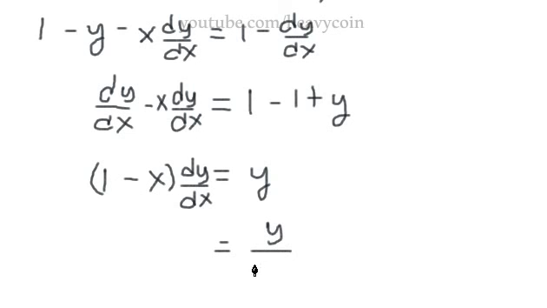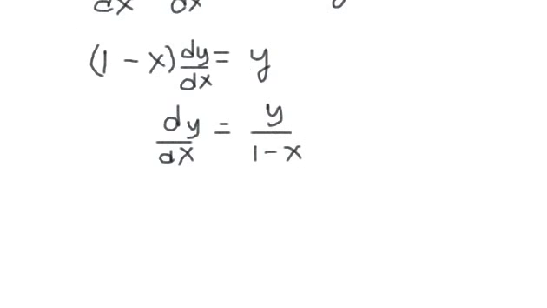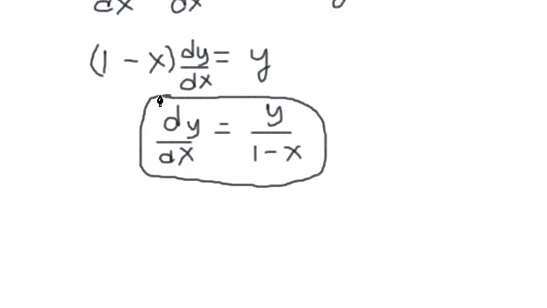So we have y over 1 minus x equals dy over dx. So there's the first derivative. Now we're going to take the second derivative. Alright, so write that down. Remember it, because I'm going to erase the screen here and write that at the top. So write that down. Don't forget it.